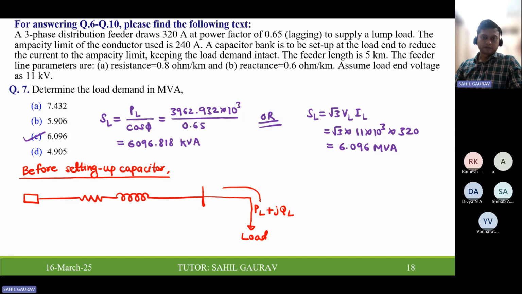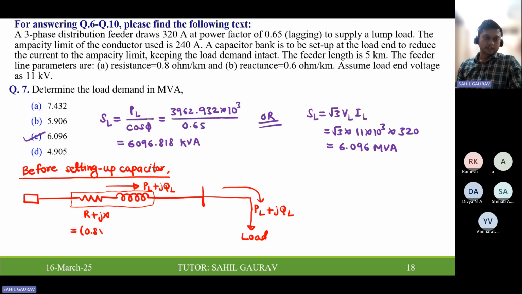So before setting up the capacitor, all the power is coming from the feeder, PL plus JQL. Now let us find this impedance of feeder, R plus JX.